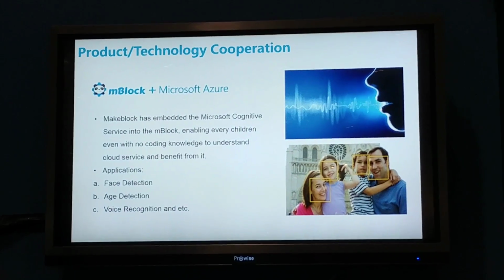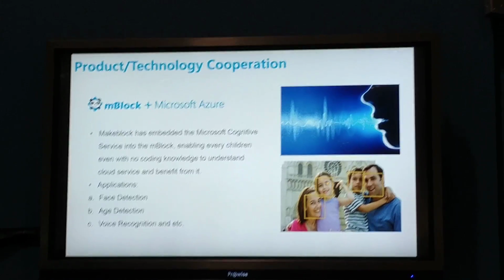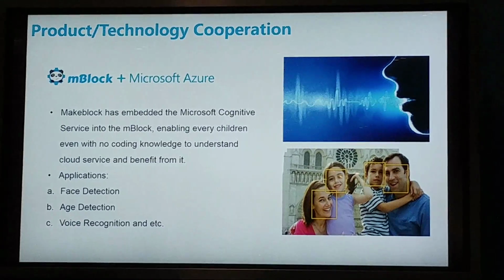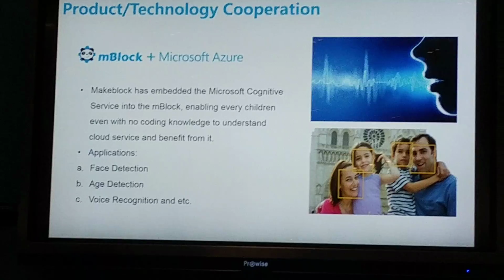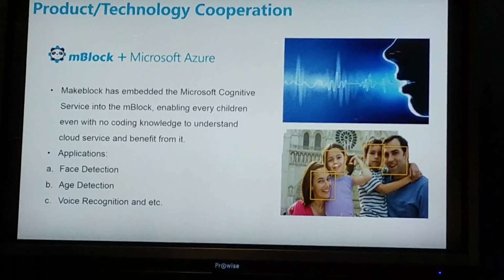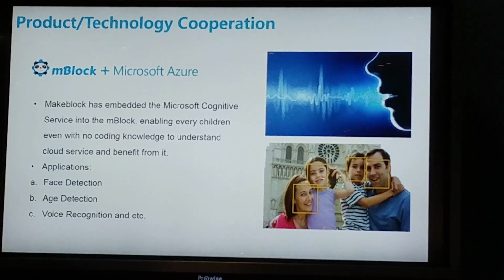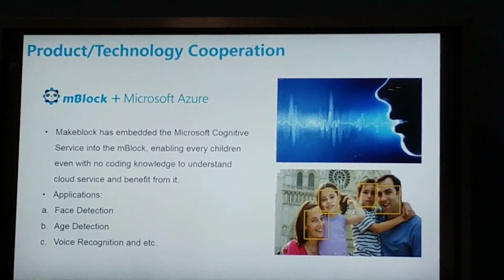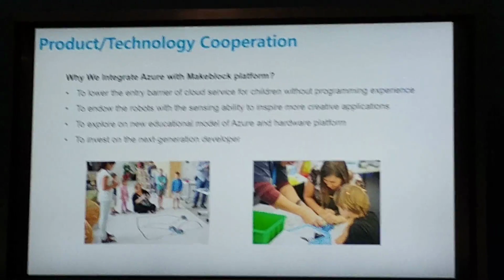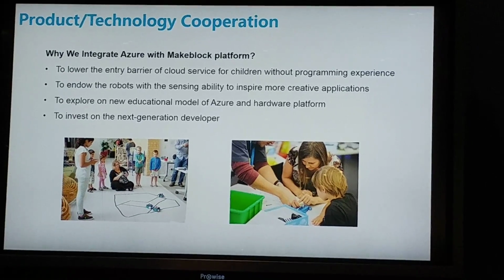You can also do voice control. It can recognize your face: are you happy, are you sad, or are you angry? It can recognize your age. When it recognizes these things, you can formulate and code a reaction or some kind of interaction.